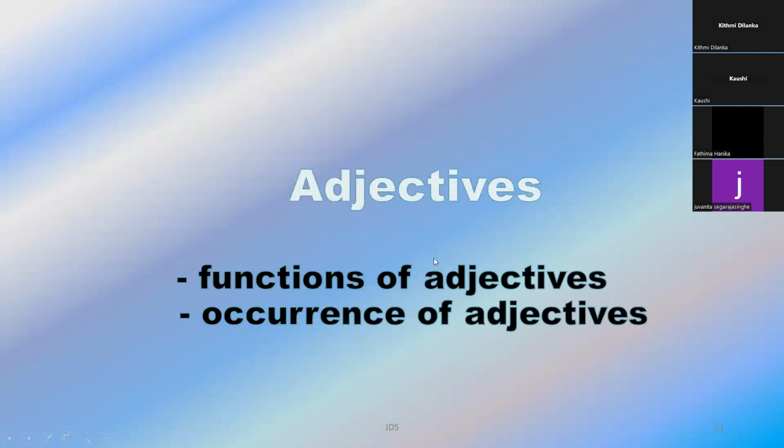Then you have adjectives, right? So when we, tell me something about nouns quickly, whatever that comes to your mind related to nouns, what we discussed, tell me something before we start adjectives.